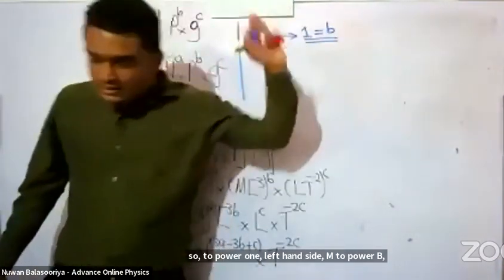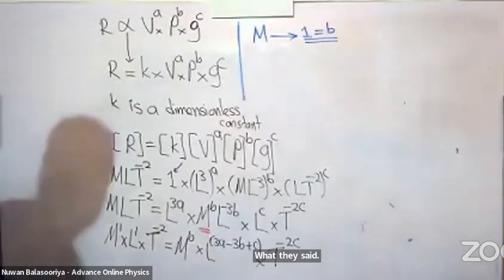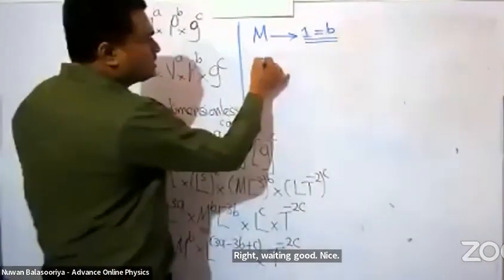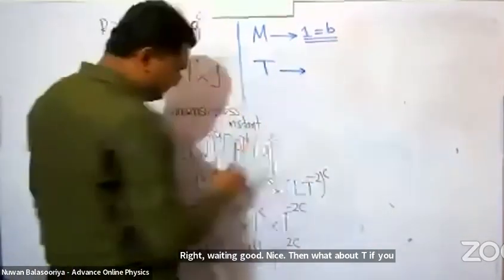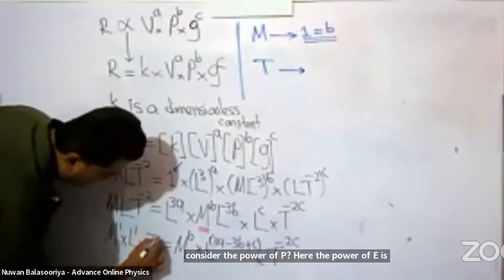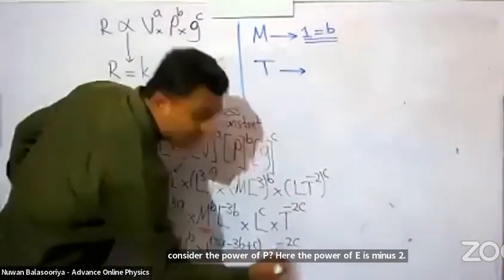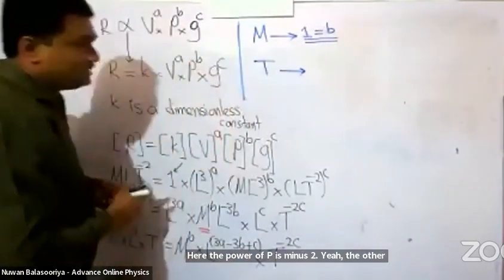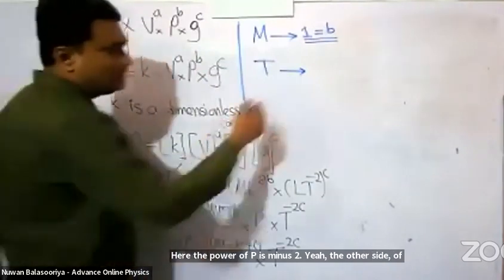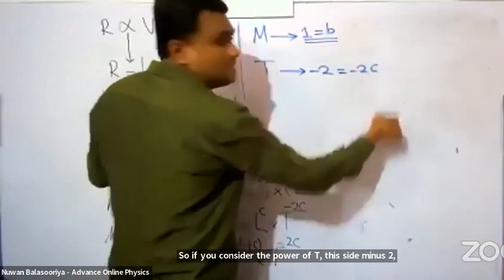Who got this answer? Right, very good, nice. Then what about T? Here the power of T is minus 2. On the other side the power of T is minus 2C. So this side minus 2, the other side minus 2C.